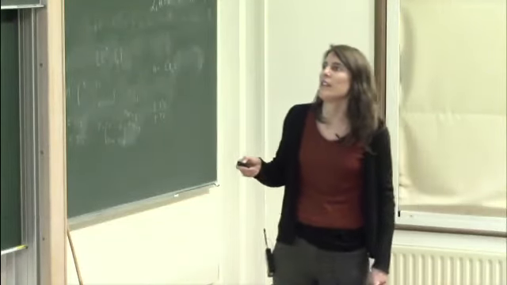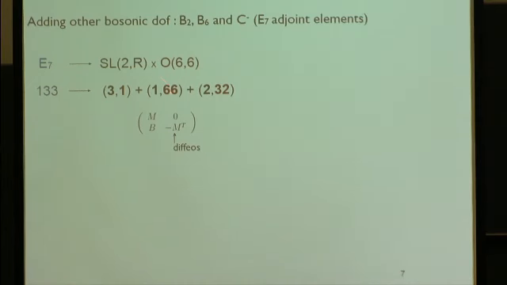This breaks into the adjoint of SL2, the adjoint of O(6,6), plus this extra bit. And in the adjoint of O(6,6), we have here the diffeomorphisms, and then the B transform that Magdalena talked about this morning. So this is how B2 is embedded here.